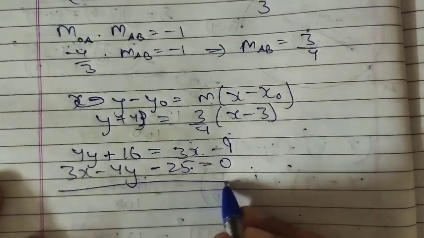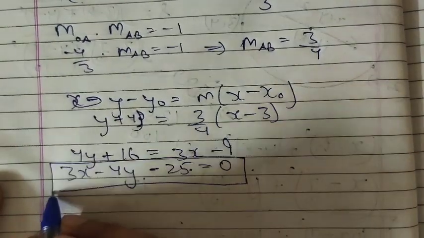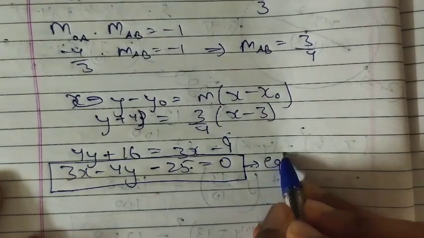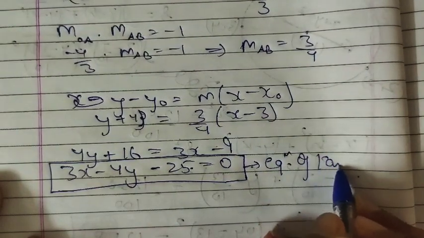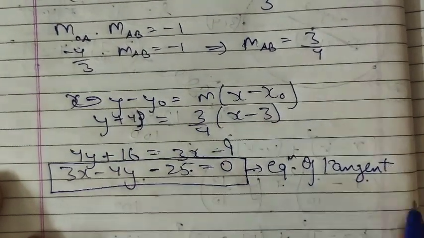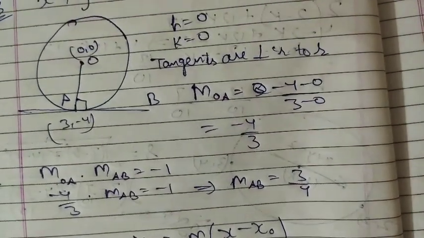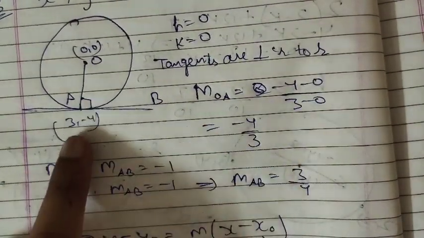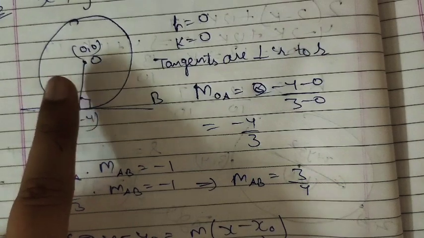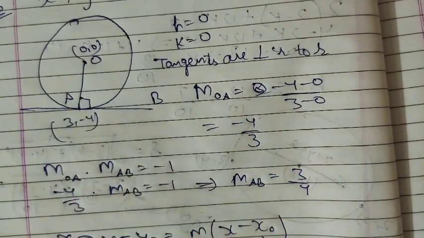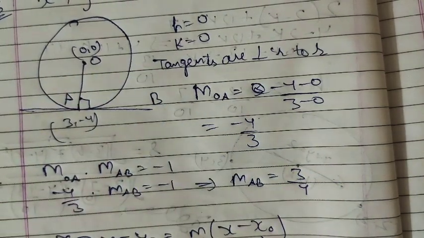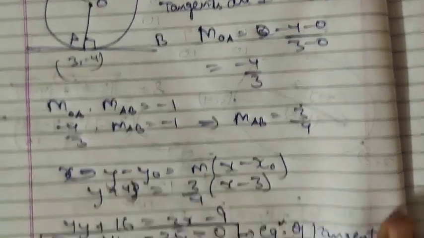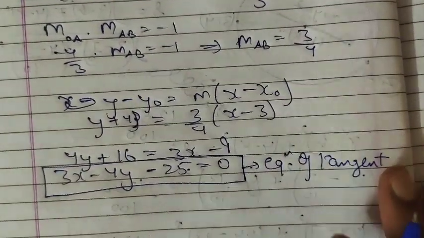So this is the equation of the tangent. Simply in this manner you have to determine it, right? Consider the center point and one point on the tangent. We know that tangents are perpendicular to the radius. So from there we got the slope of the tangent, and this is how we determined this equation.